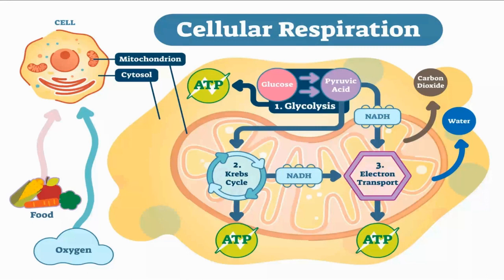The Krebs cycle is going to produce FADH2, NADH, and ATP, and that's going to go into the electron transport chain. And the electron transport chain is going to produce our water vapor as well as our big amount of ATP that is going to help give our cell the energy that it needs.